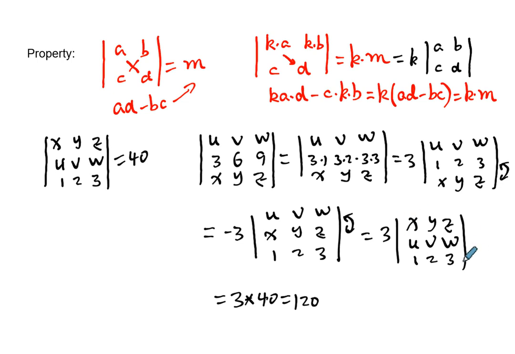But we know this one is what? This one is 40: X, Y, Z, U, V, W, and then 1, 2, 3. This is exactly the one we have here. So that will be 3 times 40, which gives us 120. All right, I'll see you next time.